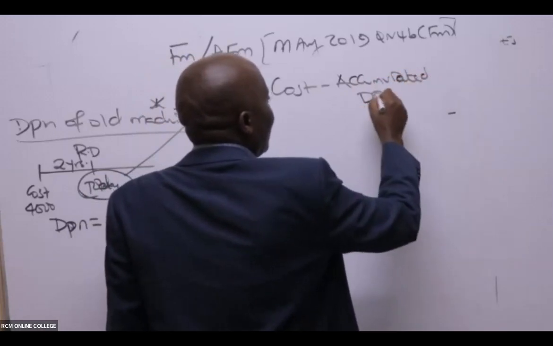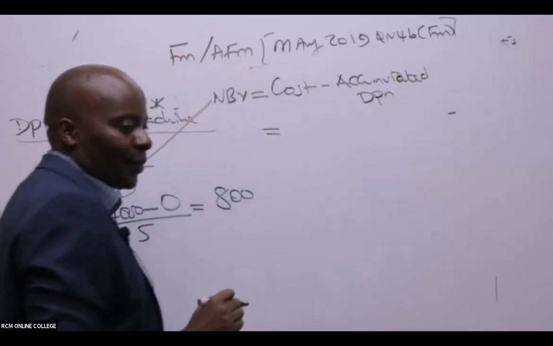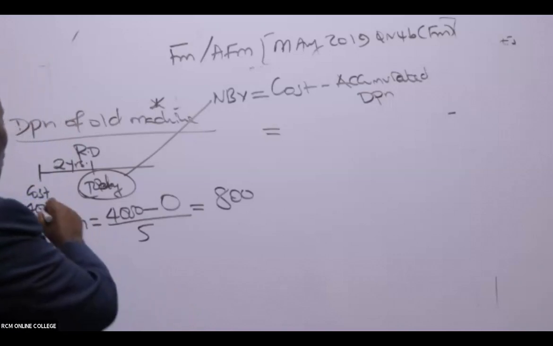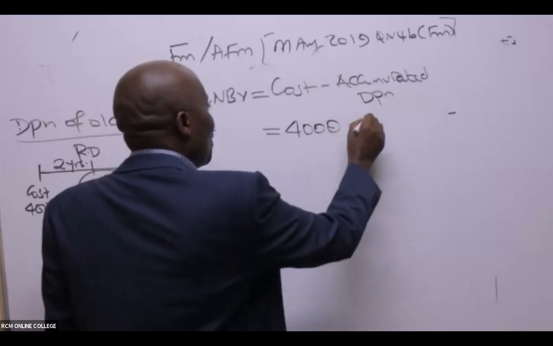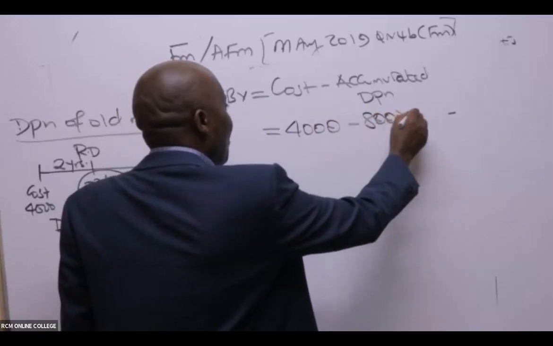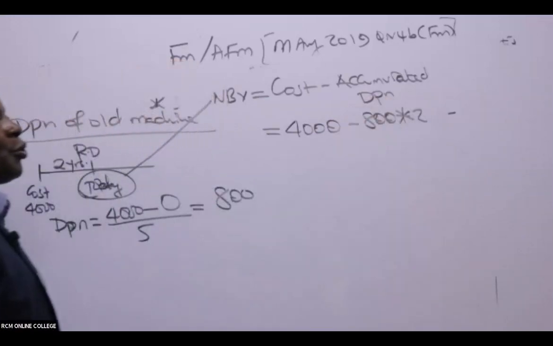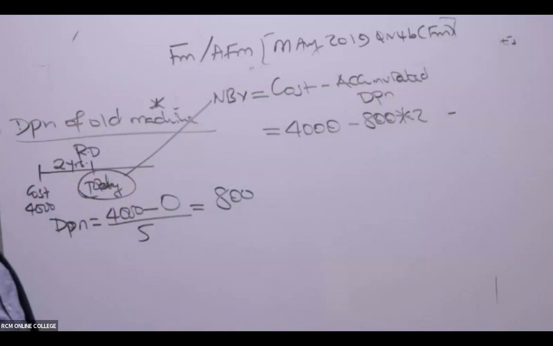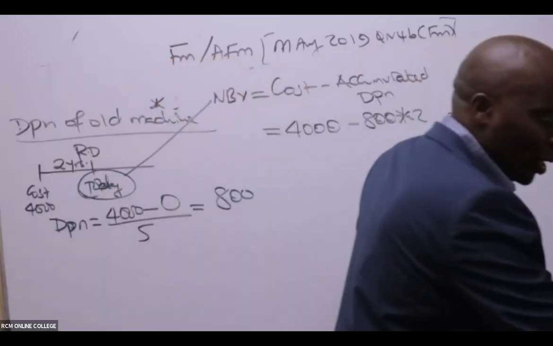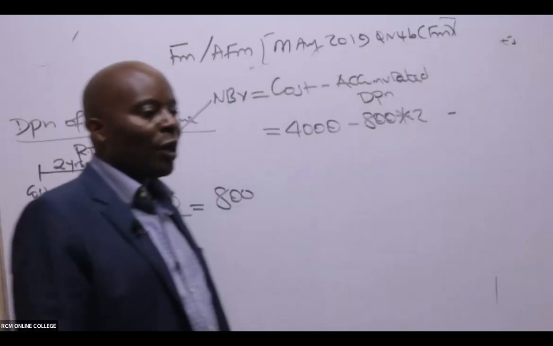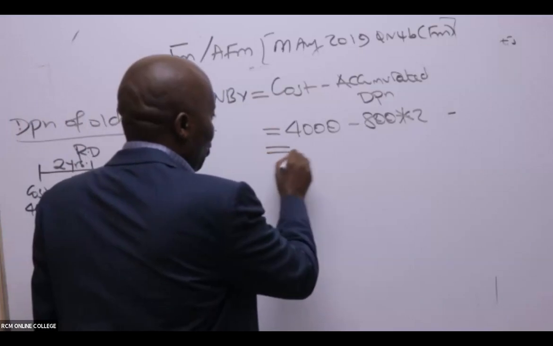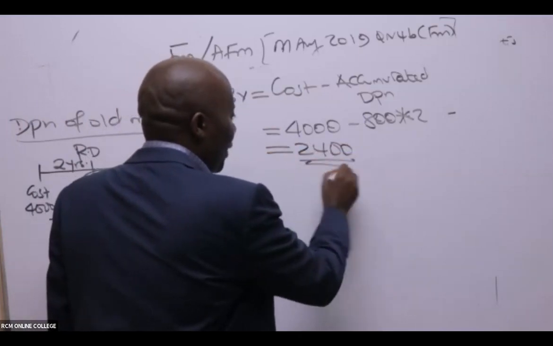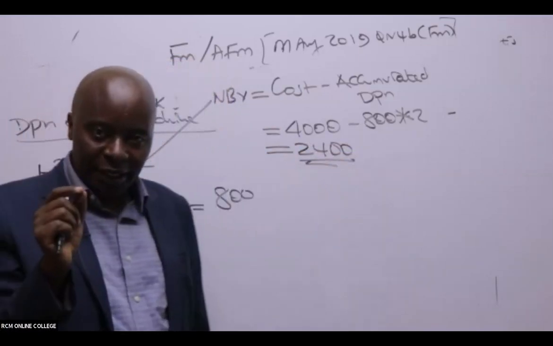The cost was 4,000. Depreciation is 800 per year. But remember, we acquired this machine 2 years ago. So this gives me a net book value of 2,400 as of today.